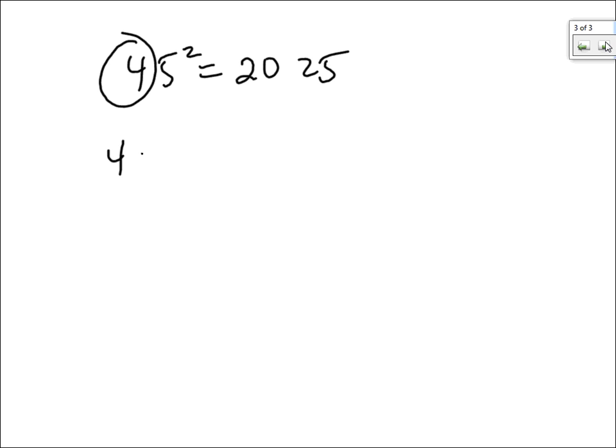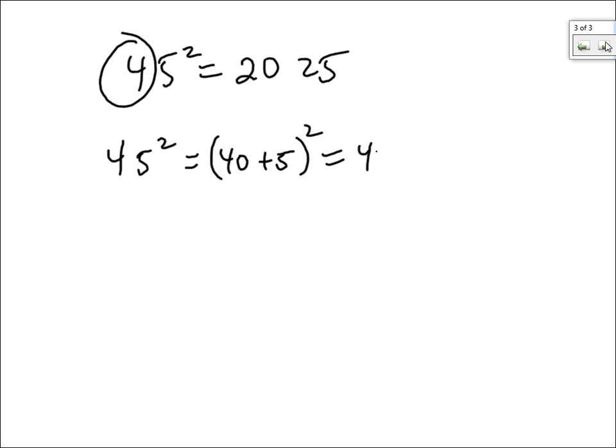Okay, so once again, if you have, I don't know, 45 and you want to square it, 4 times 5 is 20, put 25 on the end. The reason is, again, 45 squared is the same as 40 plus 5 squared.